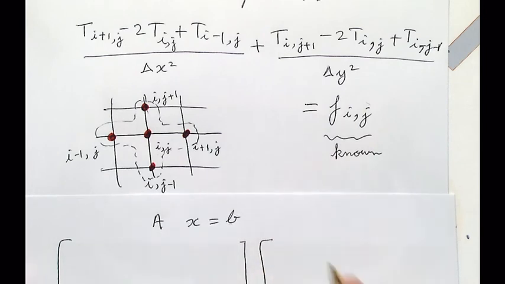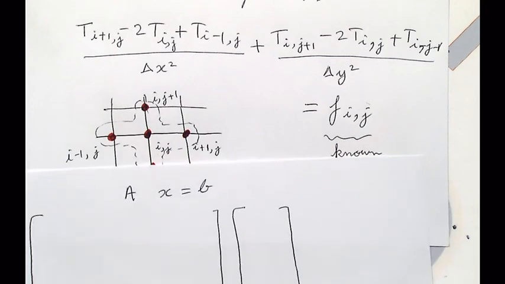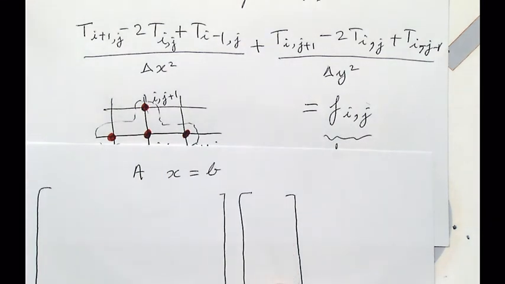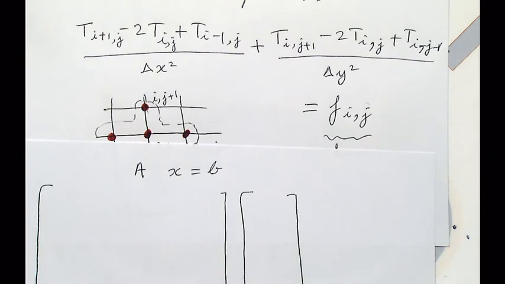What should I put in here? What goes in this vector? The T i, j. This is a general AX equals B solution, right?